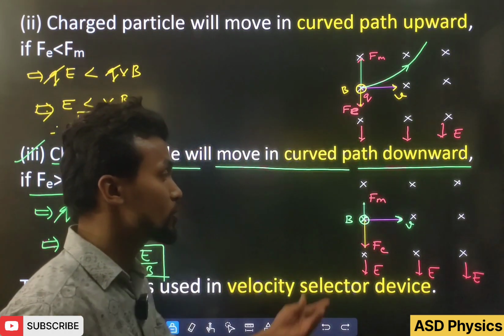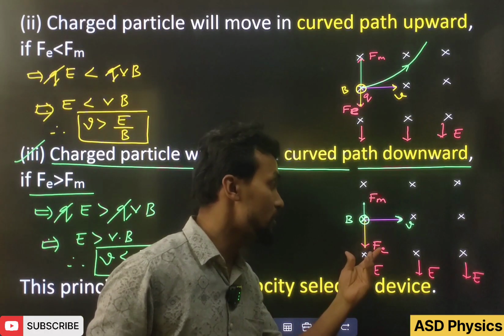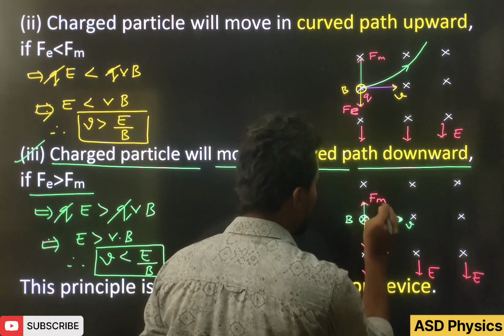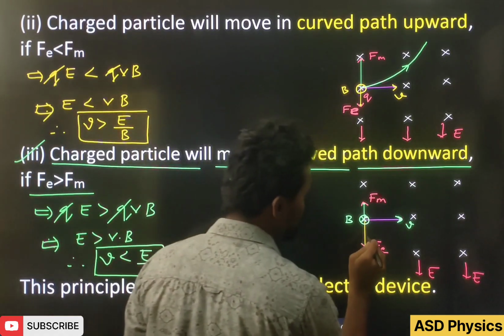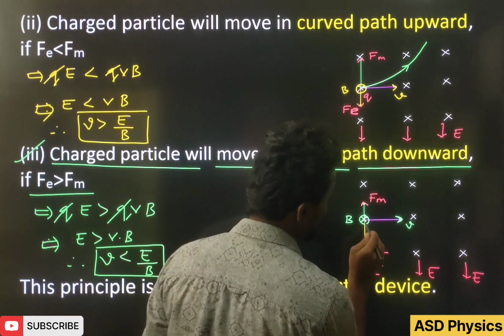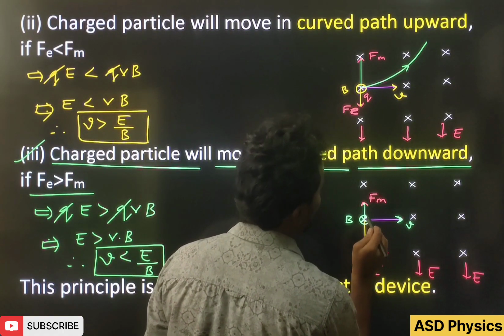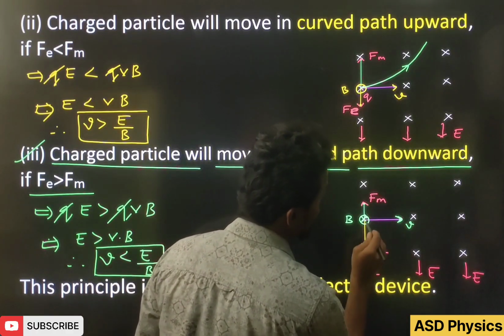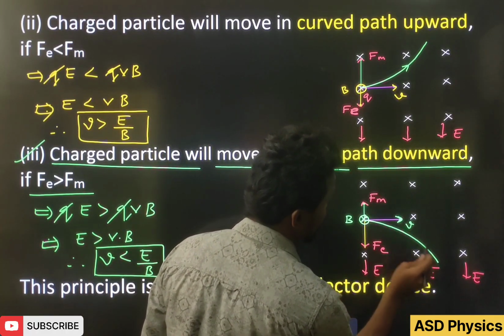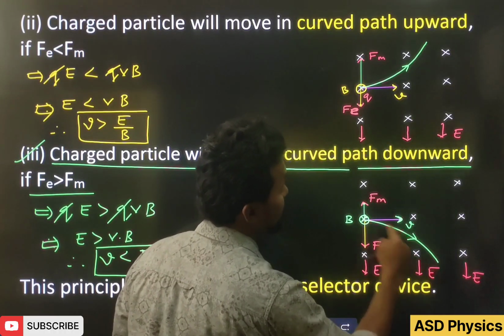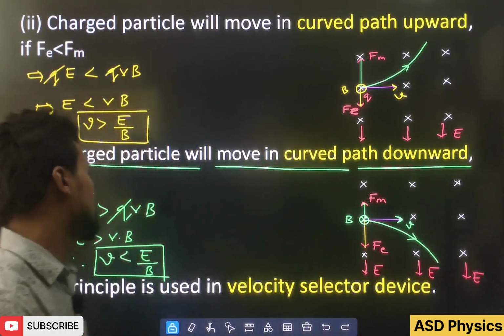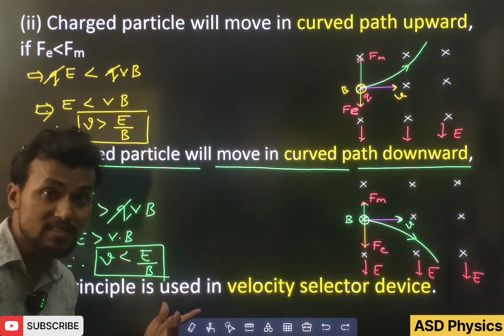So in this situation, you can see very well which force is more, Fm or Fe. The Fe is more than Fm. So in this situation, as this force is more, the charge particle will move in which path? Curved path. It will move here. Let's take like this. It will go here, because velocity is this side. So just like a curve, it will go here. And this is possible when V is less than E by B.